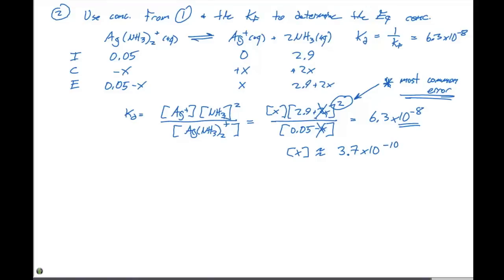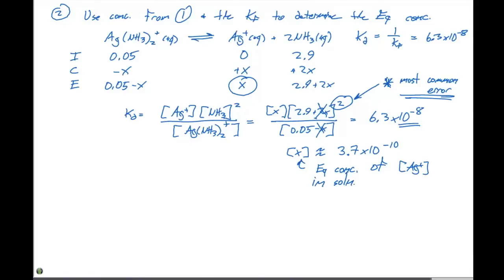So let's take a step back and think about what this value means. In previous cases we said X is the molar solubility. In this case, we don't even have any solids, so this is definitely not a molar solubility. Think about where X shows up. X right here is the equilibrium concentration of silver plus in solution.